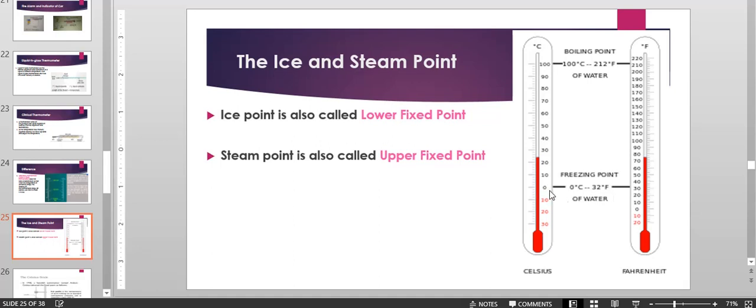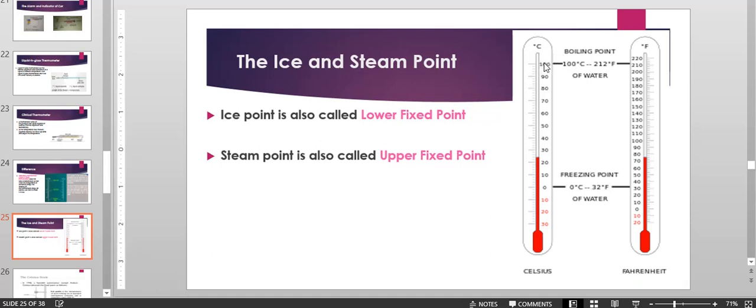So 0 degrees Celsius or 32 degrees Fahrenheit here indicates the freezing point of water, or you can say the point at which the water or the ice starts melting.